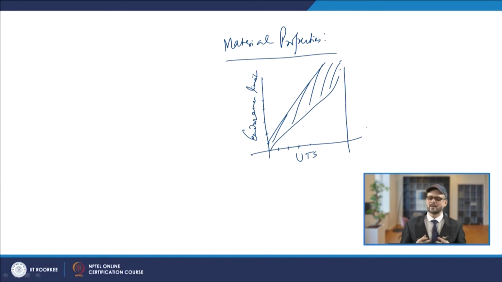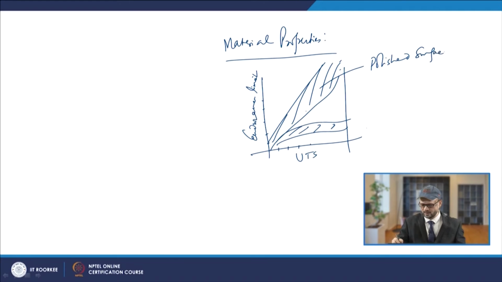When you have notches, it will fall into this region. So when you have polished surfaces, the endurance limit will be approximately half of the UTS value, whereas when you have a notched specimen or a corroded specimen, the endurance limit will be lower.